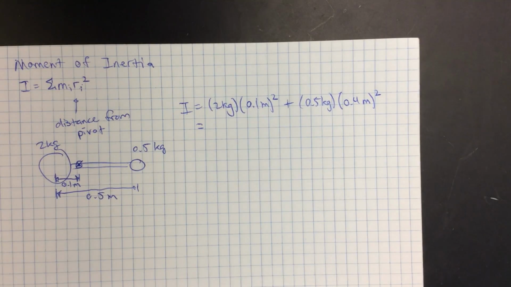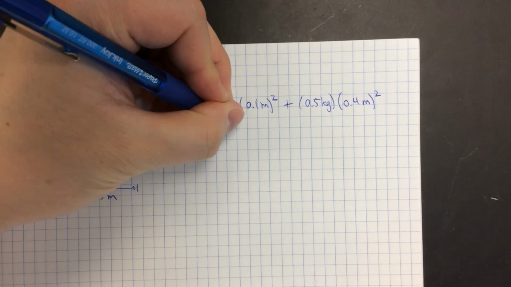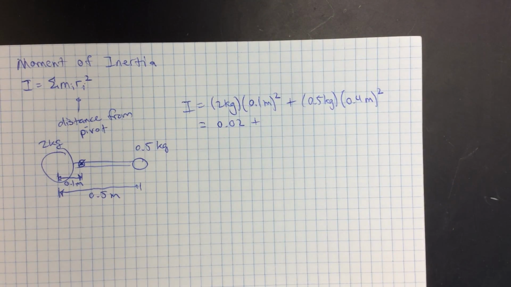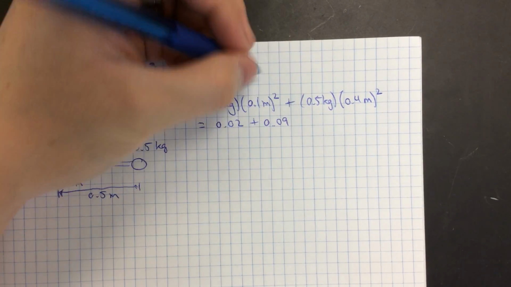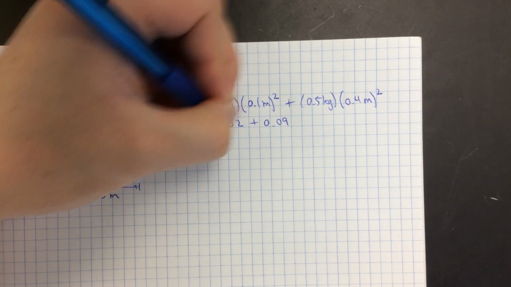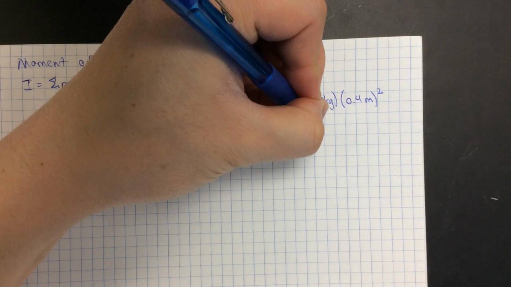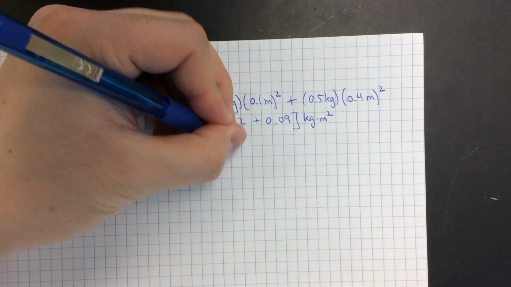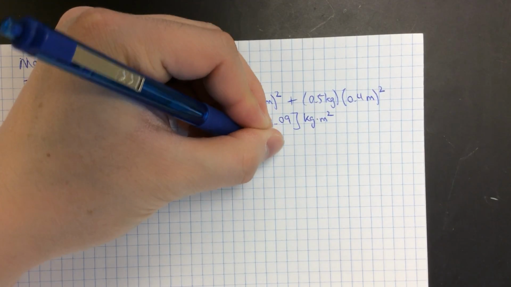And you get something like 0.02 plus 0.09. Oh, and the units of this are kilogram meters squared. So this is 0.11 kilogram meters squared.